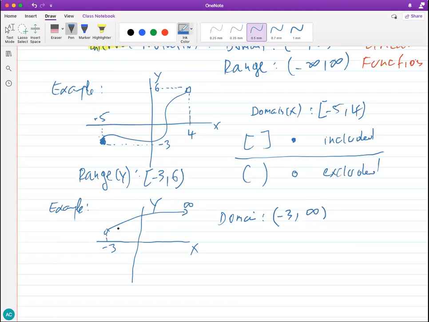Even if you didn't see the graph, can you tell whether -3 is included or not based on this interval? What tells you that it's not included? The parentheses. Exactly. The parentheses make it not included.